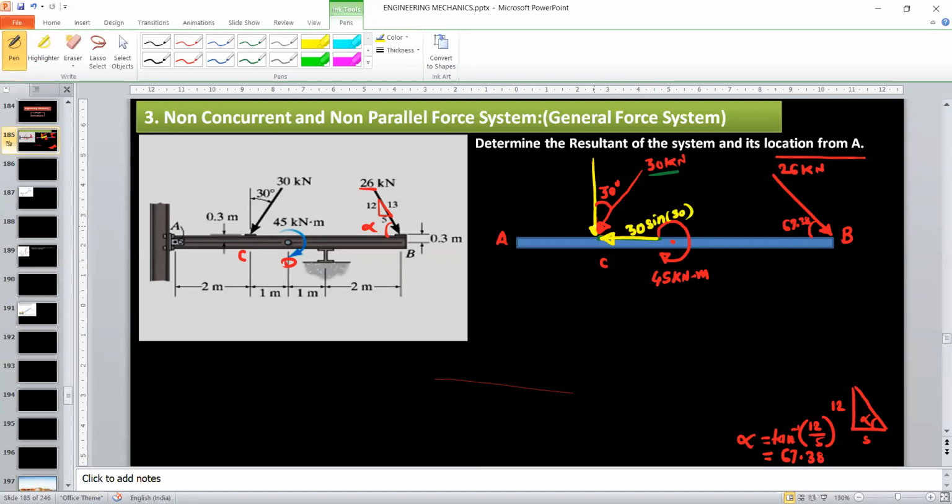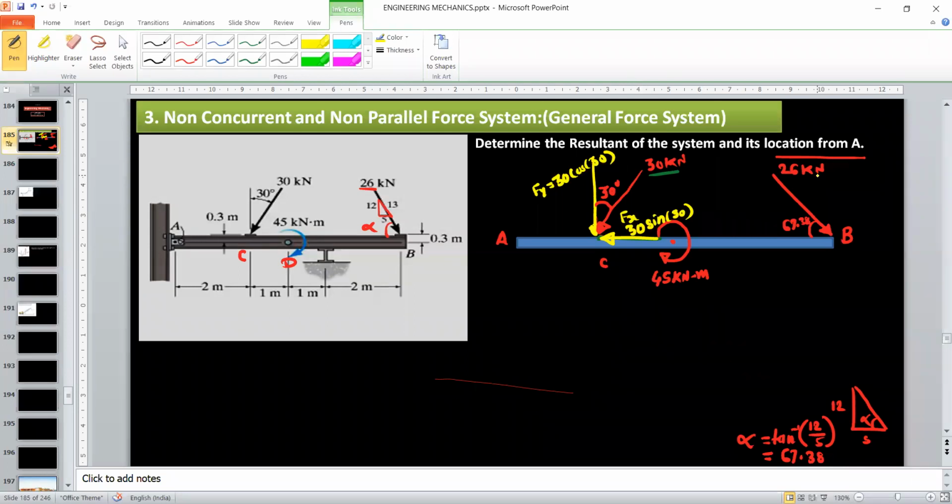The vertical component is adjacent to angle 30 degree, so it will be cos: 30 cos 30 degree. So these are the X and Y components for 30 kilonewton, Fx and Fy.